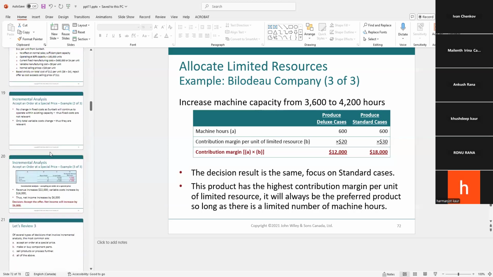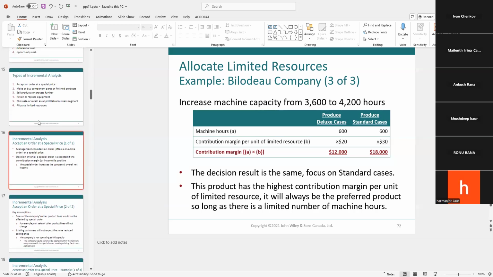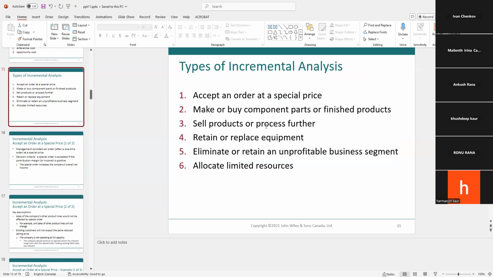Let me find them, the 6 decisions. If those are the decisions that you have to make, your only objective is to increase the income. The question is how. And under each decision, you have the decision criteria. Once you know the decision criteria, then you know what to do.